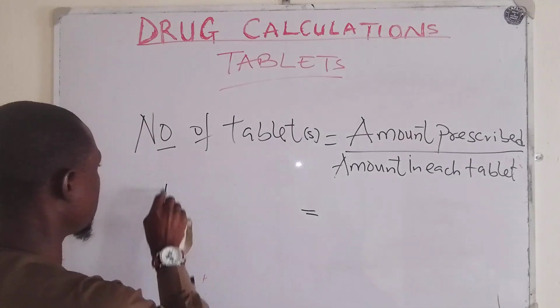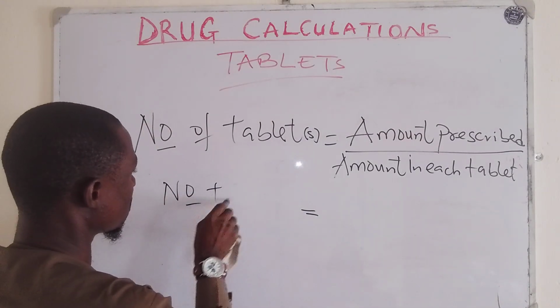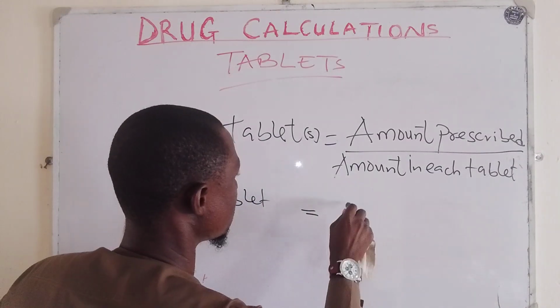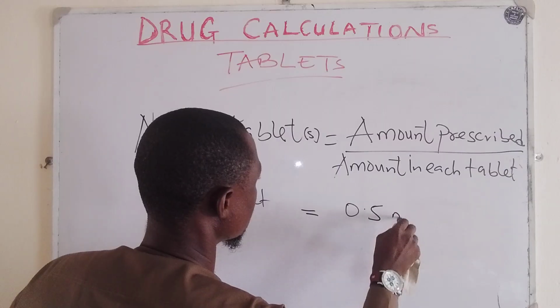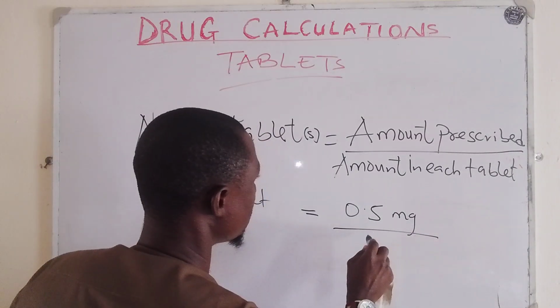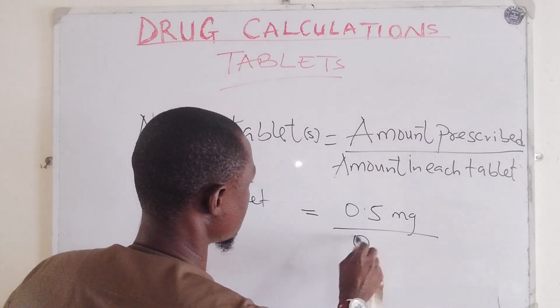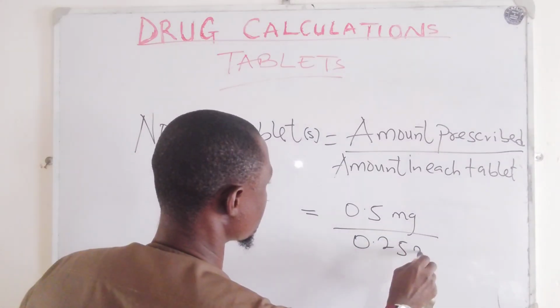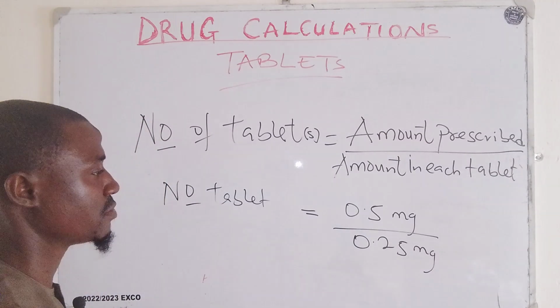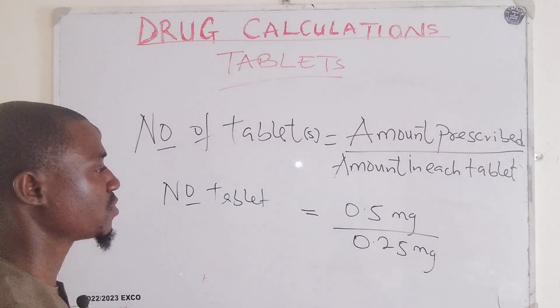Now the number of tablets will be the amount prescribed, which is 0.5 milligram, over the amount in each tablet, which is 0.25 milligram. So how many tablets will this be?